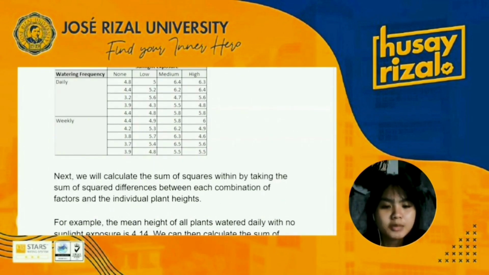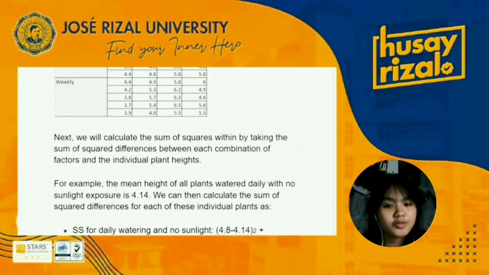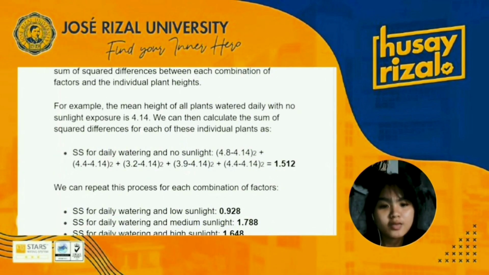Step 3, calculate sum of squares within error. Next, we will calculate the sum of squares within by taking the sum of squared differences between each combination of factors and the individual plant heights. For example, the mean height of all plants watered daily with no sunlight exposure is 4.14. We can then calculate the sum of squared differences for each individual plant.